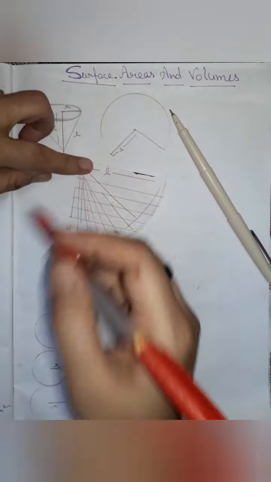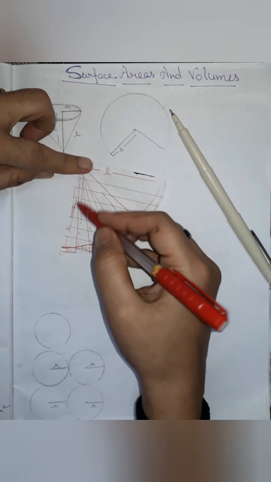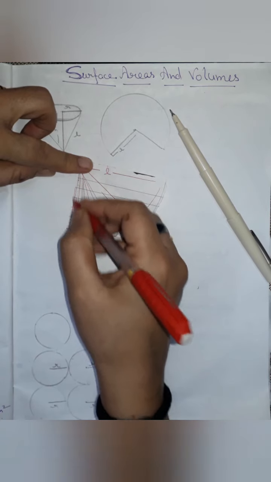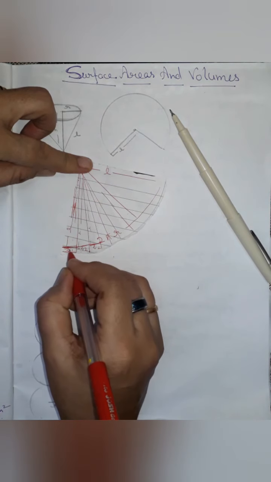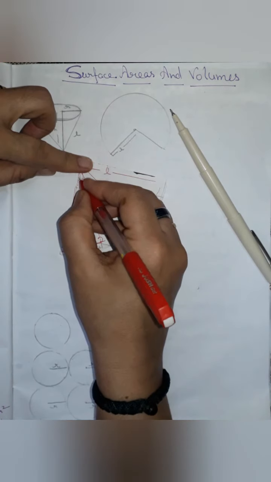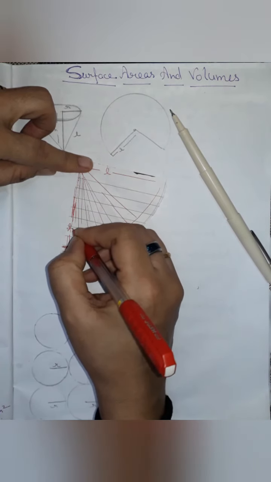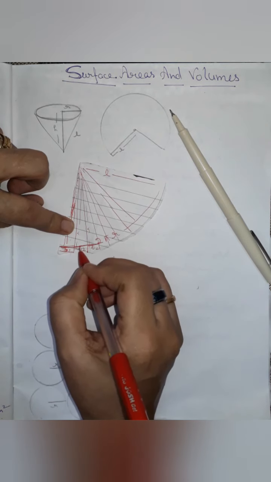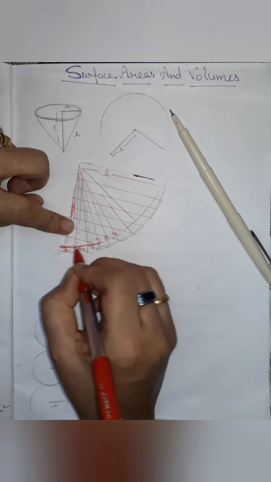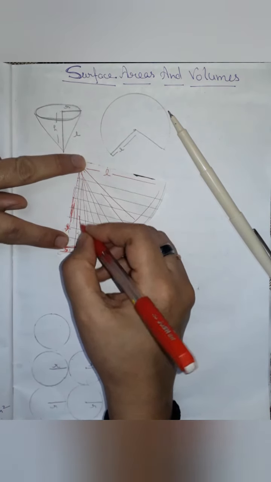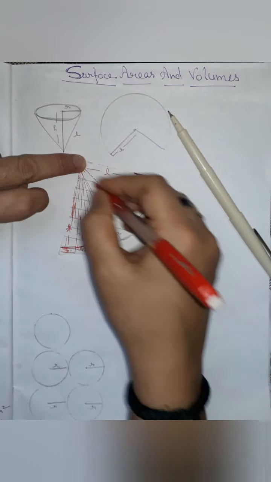If I say find the area of this triangle, then we know that the area of a triangle is half base multiplied by height. Taking the base as B1, the height is L. Suppose for the second triangle the base is B2, again half B2 into height, and the height is L, as all these are equal to L.